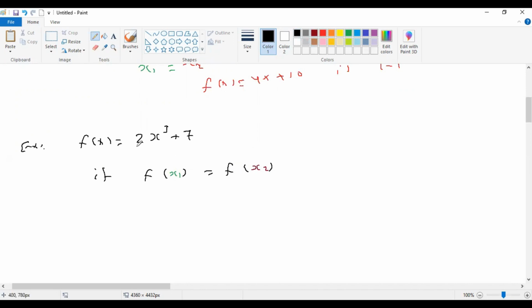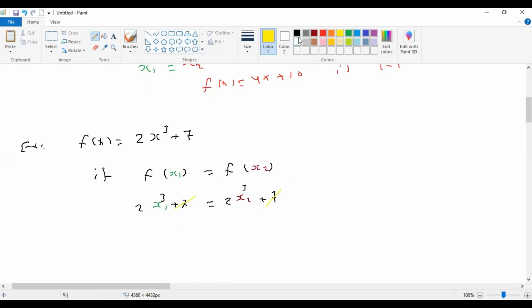Now f of x1 will be 2x1 cubed plus 7, replacing x by x1, equal to f of x2, which will be 2x2 cubed plus 7. Clear?